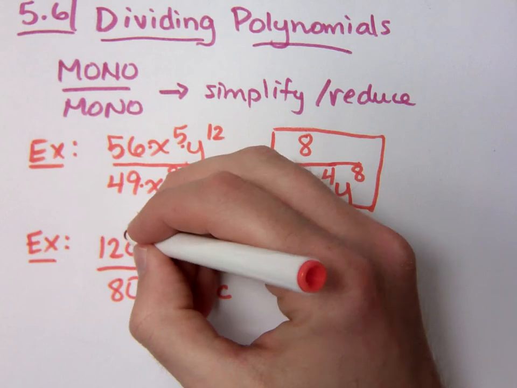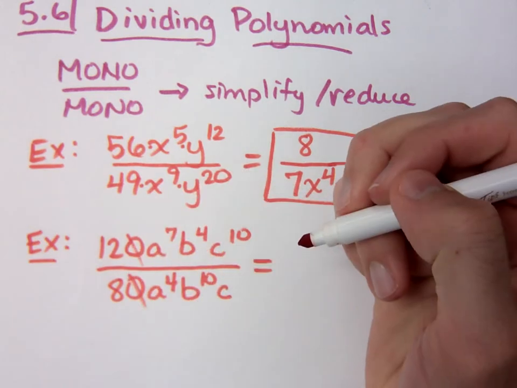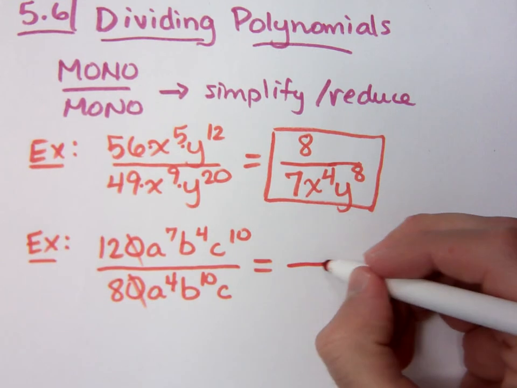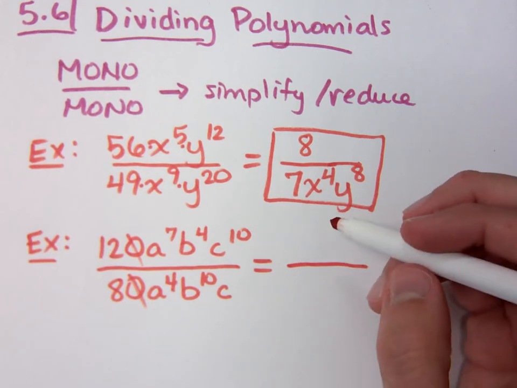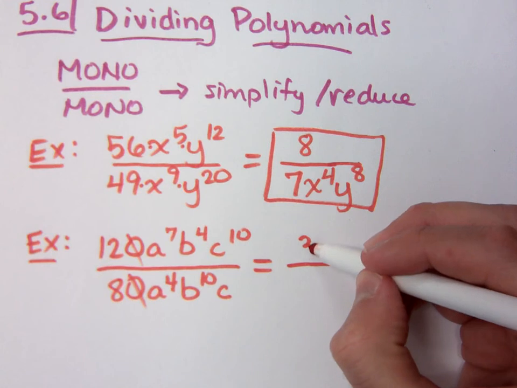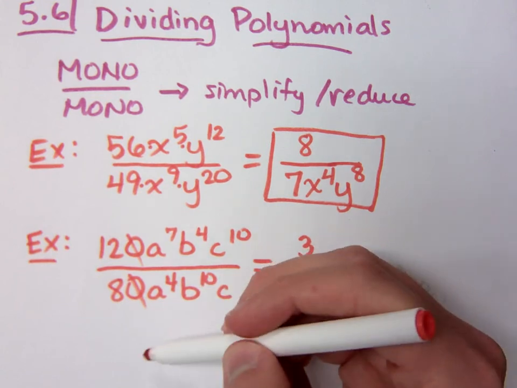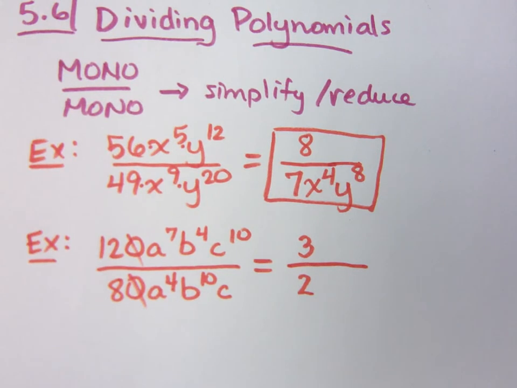First you could reduce them by a factor of 10 by crossing out the zeros, and then 12 and 8 have a common factor of 4. So what do I have? 3 over 2. The greatest common factor for 120 and 80 would be 40, but reducing by 10 and then by 4 is the same thing as reducing by 40. So now I have 3 over 2.